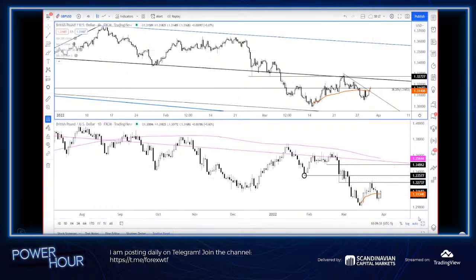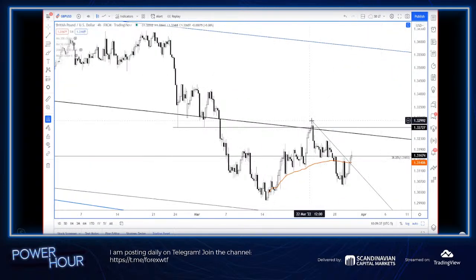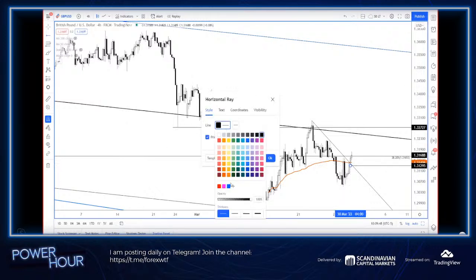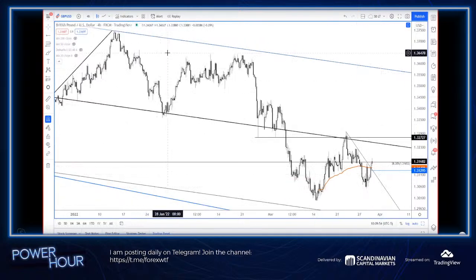Similar short-term setup, breaking the short-term trend line here, and I would peg support at like 31.30 for cable. That's really about it. We looked at British pounds a lot last week, remember? So refer to last week's update on the big key reversals and the seasonality. We just looked at that as well for cable.